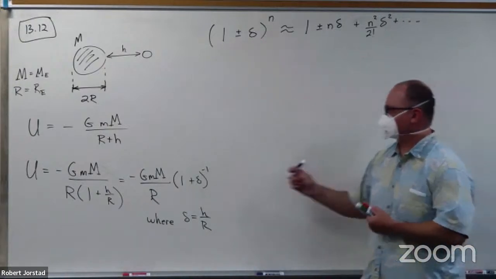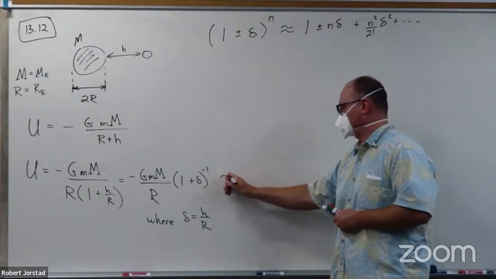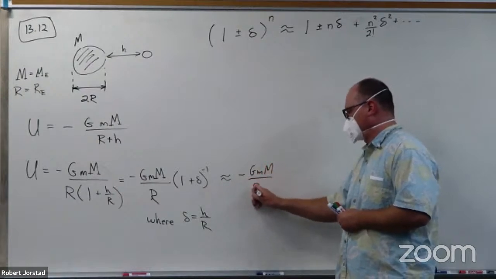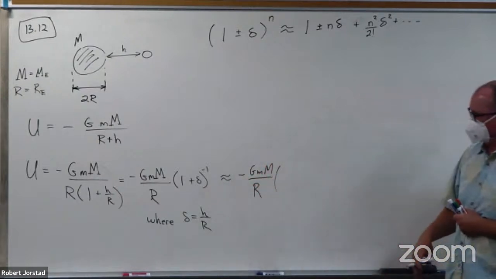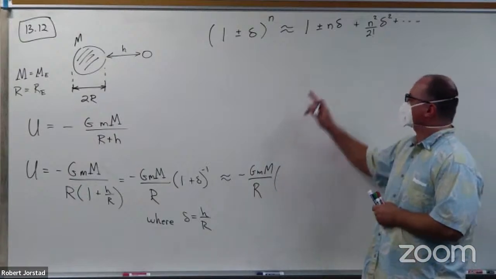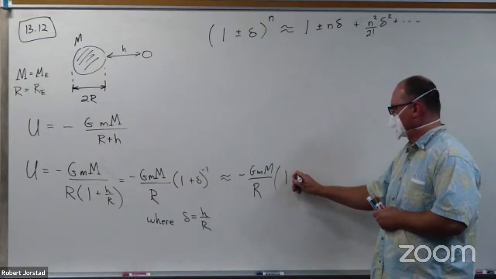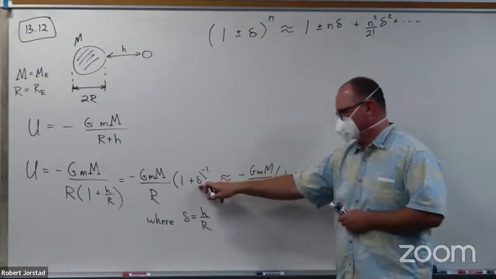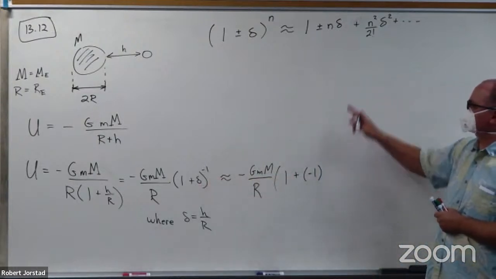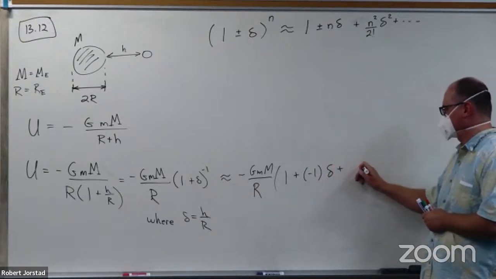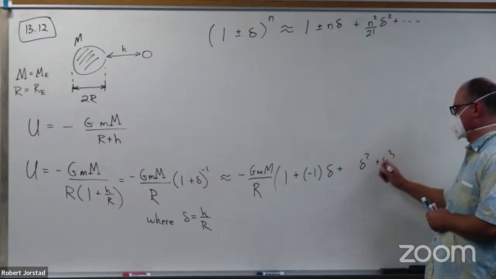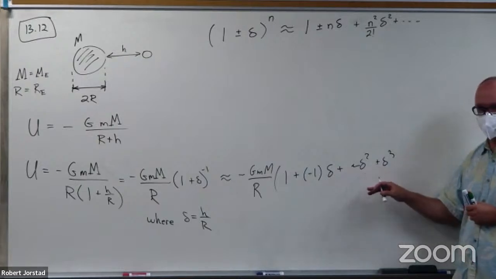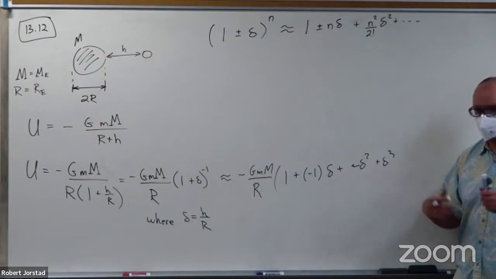Well, check this out. That means this is approximately equal to negative GM over R times the quantity 1 plus, in this case, n is -1, times delta plus delta squared plus delta cubed, etc., etc. Now keep in mind, if delta is small, delta squared is very small, delta cubed is very small.